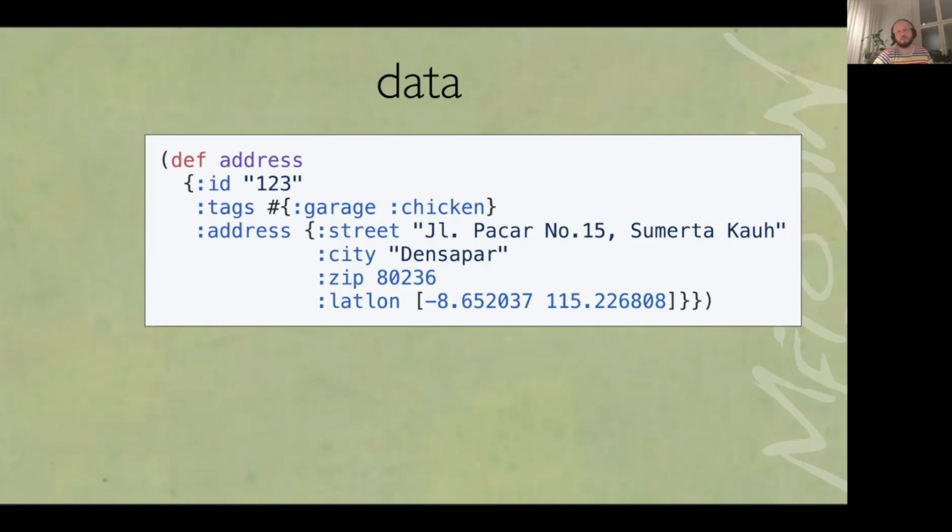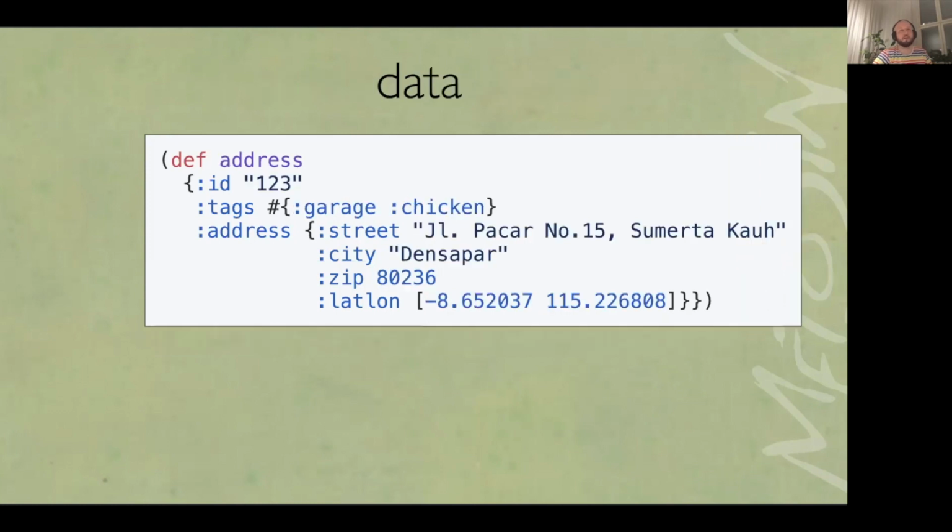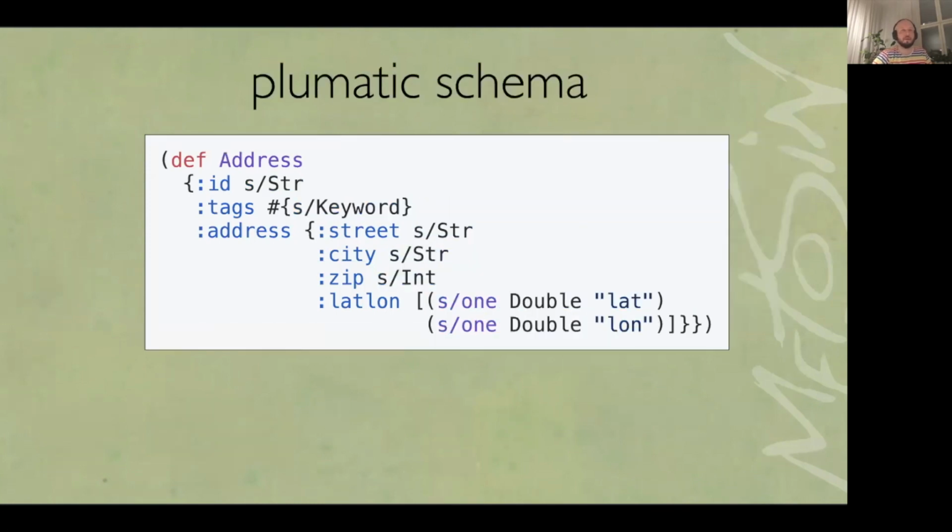But if you want to describe this, how would this look in the common libraries that are available? First, with Plumatic Schema. I think this is the closest representation to the data. If we look at the original address, this is the data value, and this is the schema for that. So it basically shares the same structure.